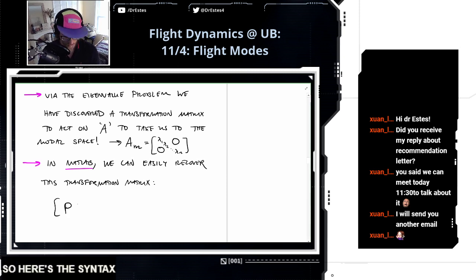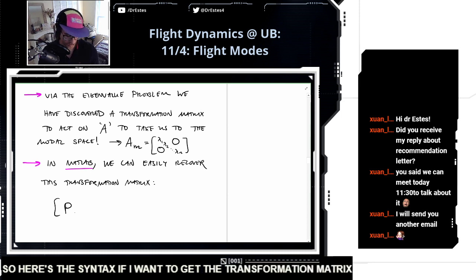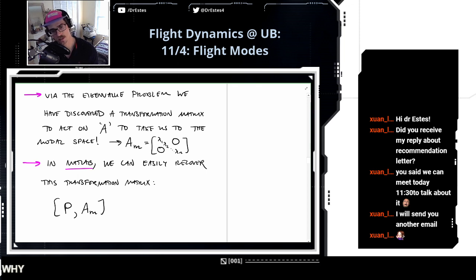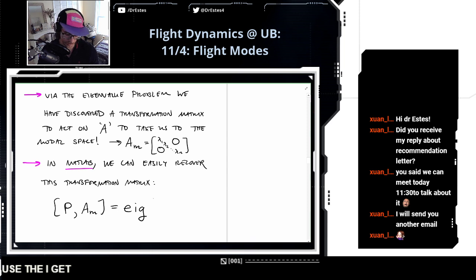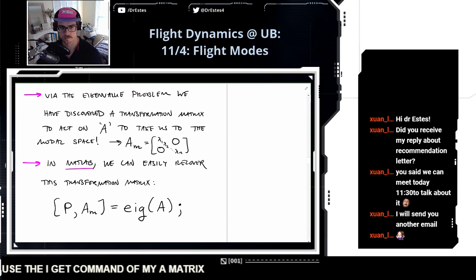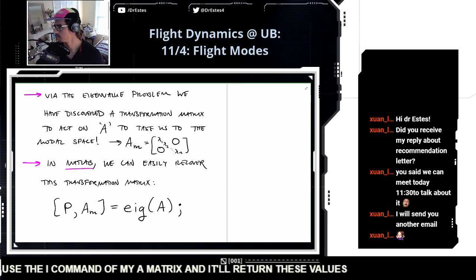If I want to get the transformation matrix P, and if I want to see what my A matrix is in this transformed space, all I do is go into MATLAB, type this, and use the eig command of my A matrix. And it'll return these values. Actually, how about we do that right now?